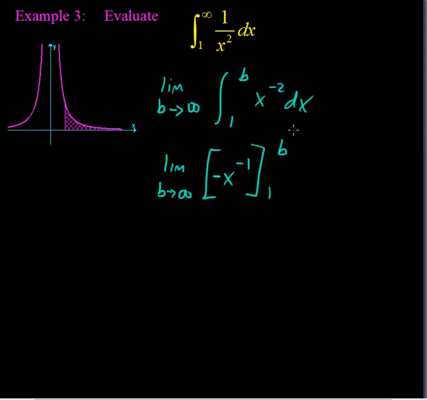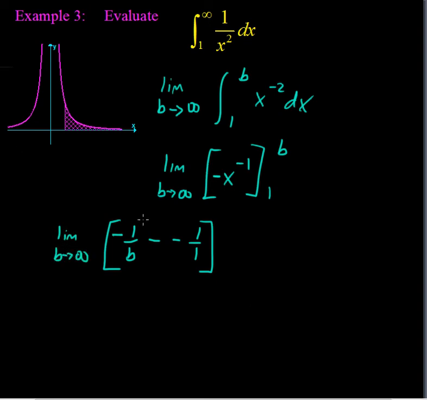Now when we apply our integration limits, remember that's 1 over x, so negative 1 over x. So this is negative 1 over b, and then minus negative 1 over 1. And we're still taking the limit of that as b approaches infinity.